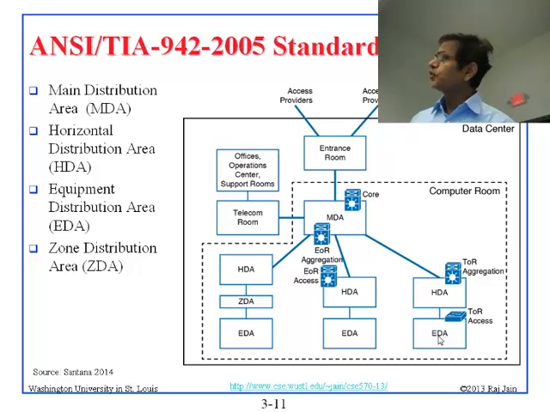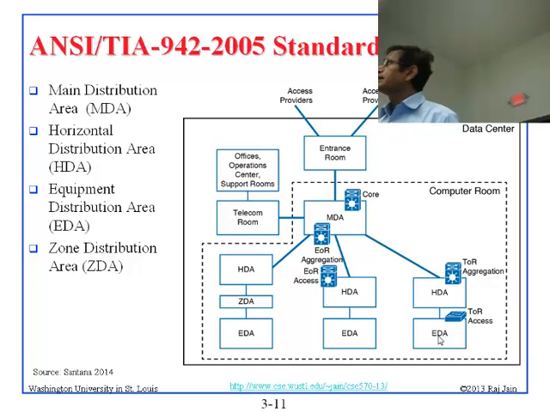We also see two words here: one is TOR, T-O-R, and the other is EOR. Those I will explain in the next slide. The summary of this slide is that the distribution has 3 levels: main, horizontal, and equipment.